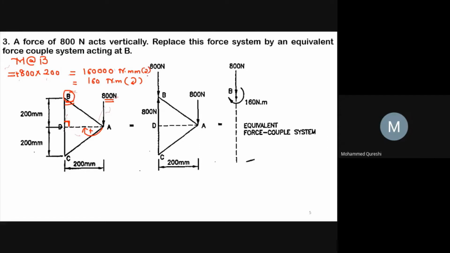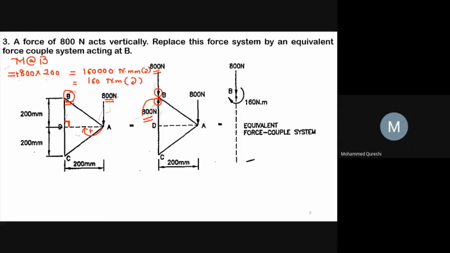Now, as we have to replace this force system by an equivalent force couple system, what I will do is apply two equal forces. So here the two equal forces are of magnitude 800 Newton, and this 800 Newton force will be in upward direction, and this 800 Newton force will be in downward direction.